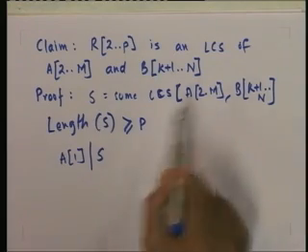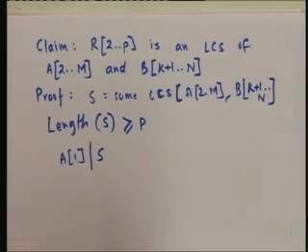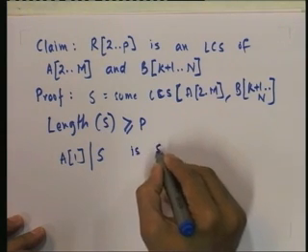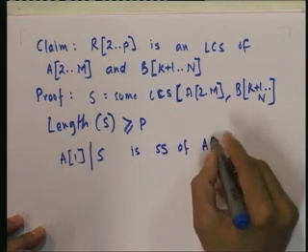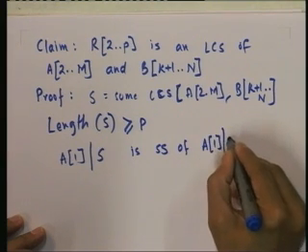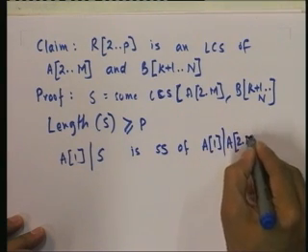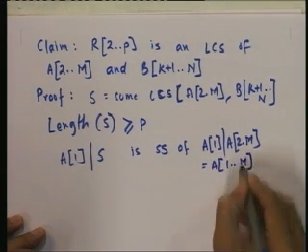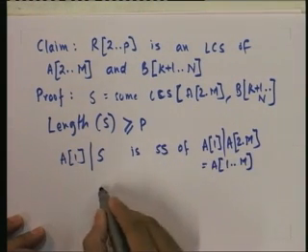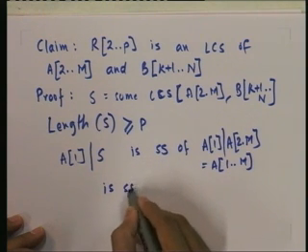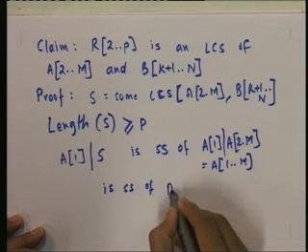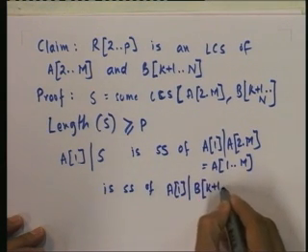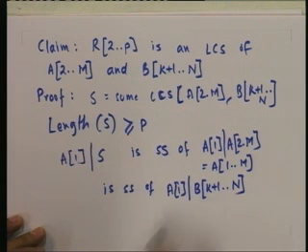Well, S is a subsequence of A2 to M. So, this must be a subsequence of A1 concatenated with A2 to M, but this is simply A1 to M. Similarly, this is also a subsequence of A1 concatenated with Bk plus 1 to N. But what is this?